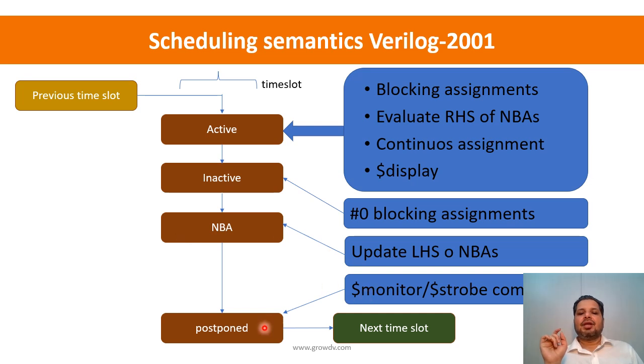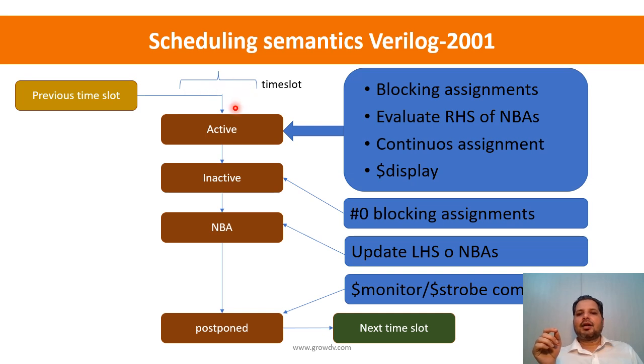And then there is a postponed region. In the postponed region, your $monitor or $strobe commands will get executed. So overall, you have a similar type of time slot execution in the previous time slot. At 5 nanoseconds we would have executed, and after that the simulator would have figured out that the next event to execute is only at 10 nanoseconds.